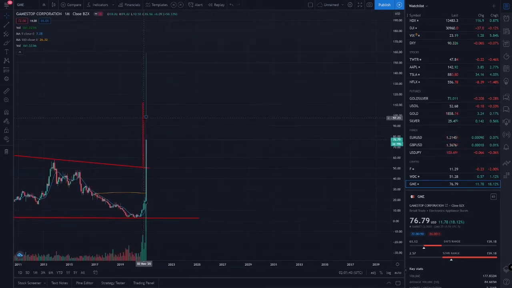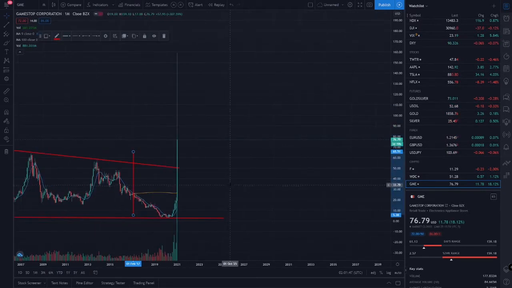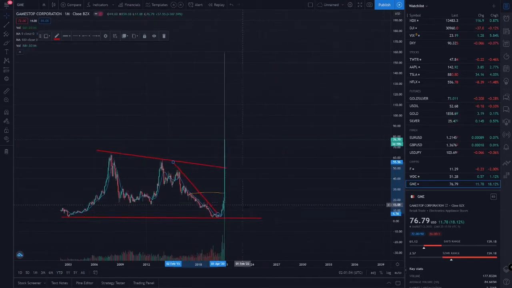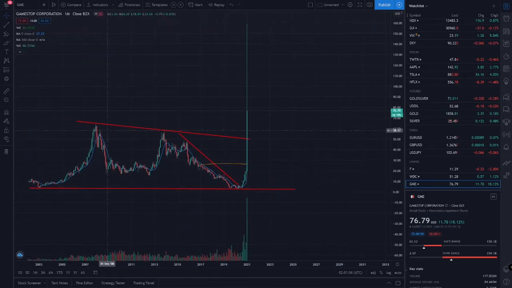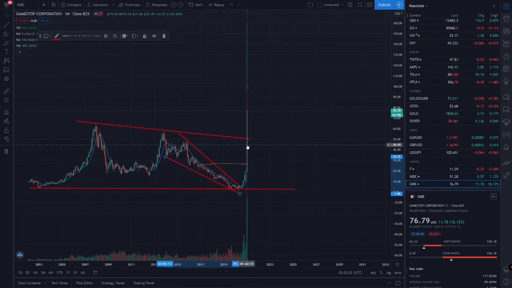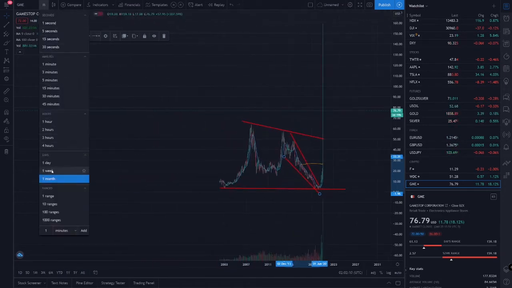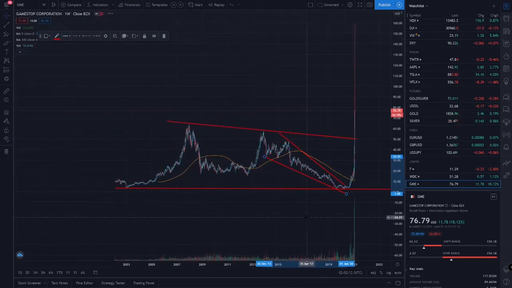The other pattern I saw was something like a falling wedge, and then something like that, which would put us right here, or right here pretty much. Let's take a look at the weekly. Let's take a look at these other time frames.